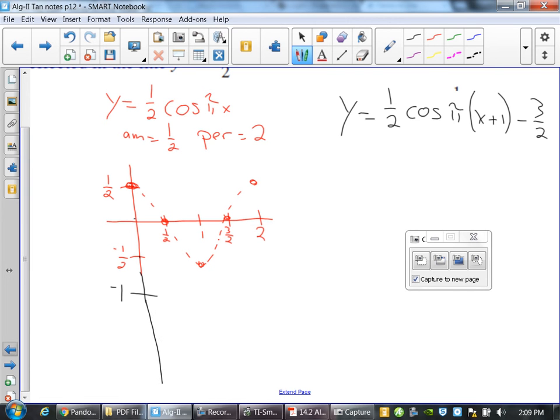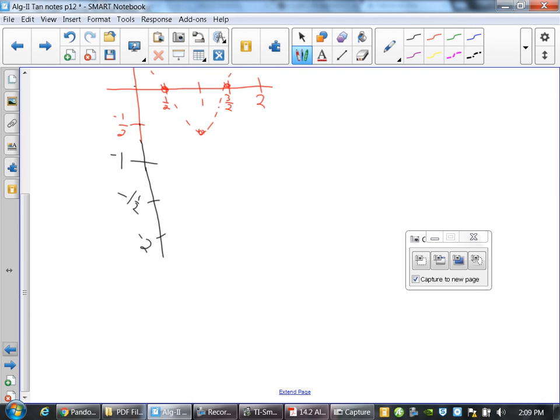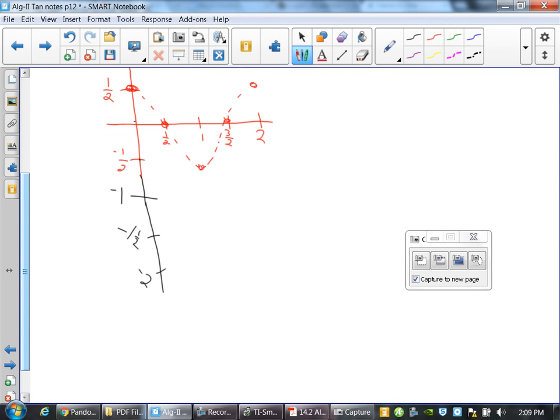Each of these points, so we have -1, -1.5, and -2. We all right with that? If I'm moving these down, oh, we have to move left also. Let me just move them down first, then I'll show you how that reflection works.